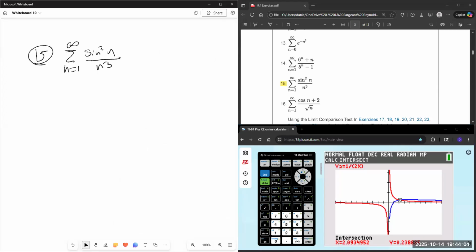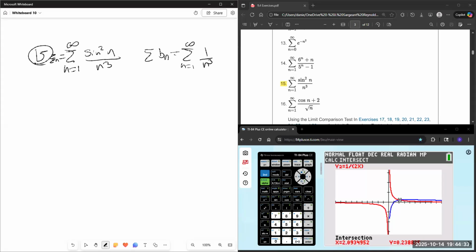And so let's call this summation of An, and I'll call summation of Bn equal to summation n equals 1 to infinity of... sine has to stay between -1 and 1. So sine squared is going to have to stay between 0 and 1. Call this 1 over n cubed.